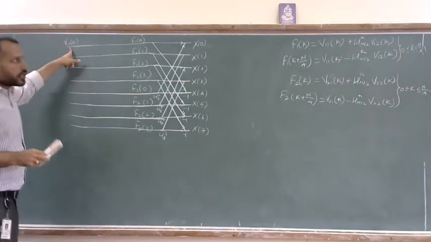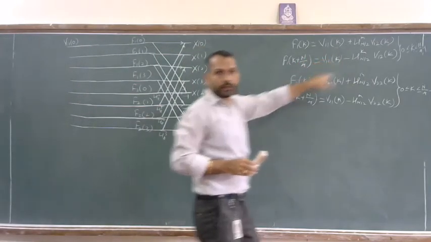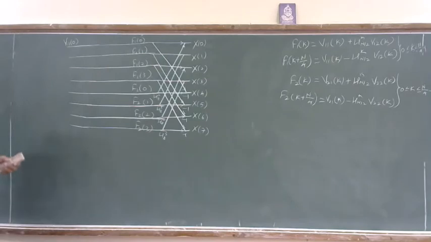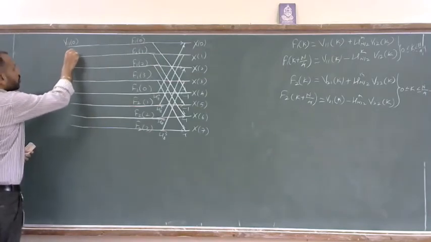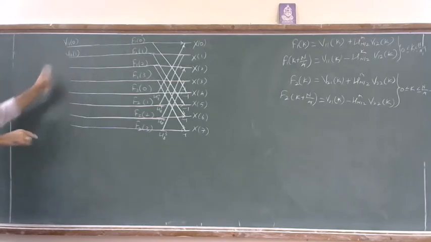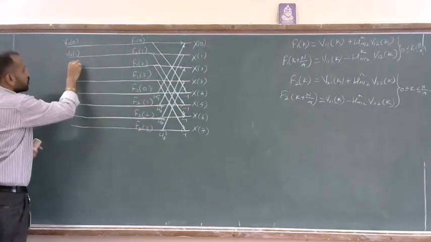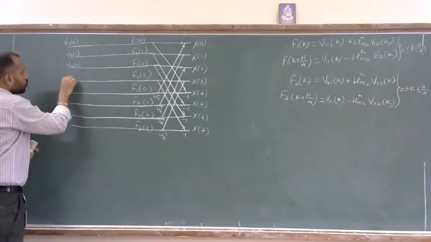v11 of 0 is the first DFT point in the 2-point DFT v11 of k. Likewise, v11 of 1 is the second DFT point in v11 of k. Likewise, v12 of 0 and v12 of 1.